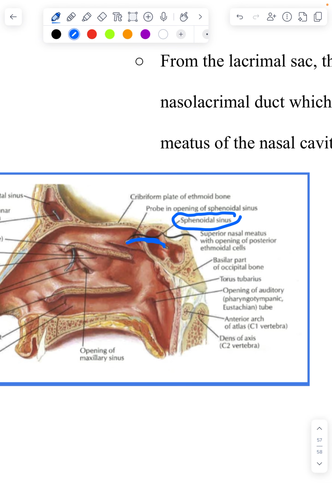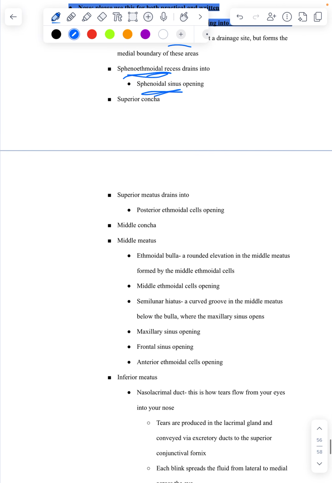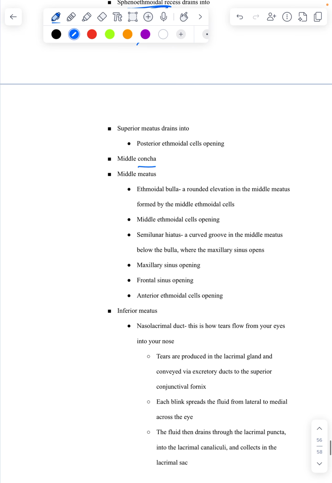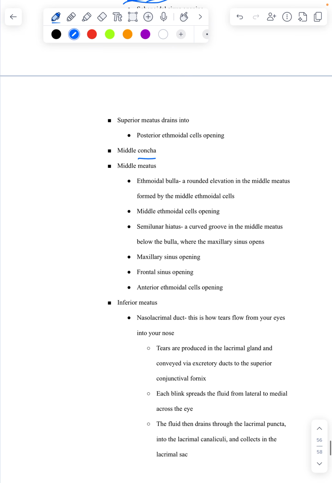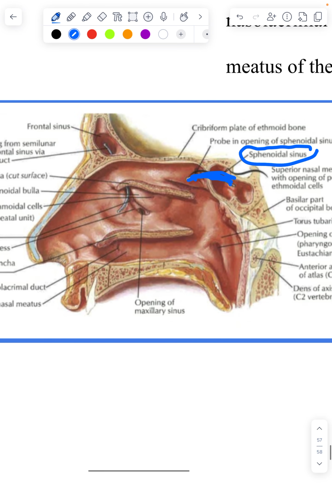This thing going through sphenoethmoidal recess. Then you have a superior concha, middle concha, and an inferior concha. So these are the bigger things.